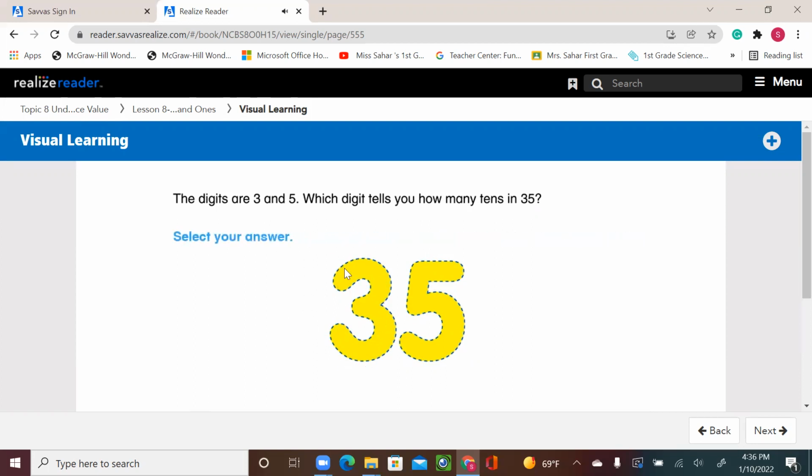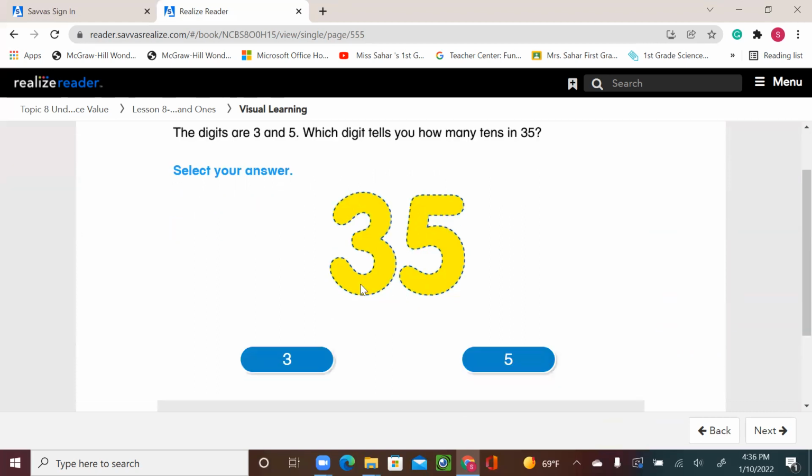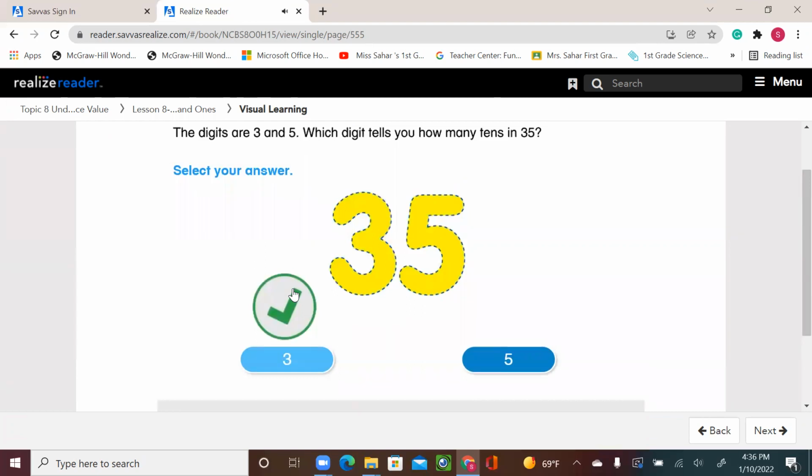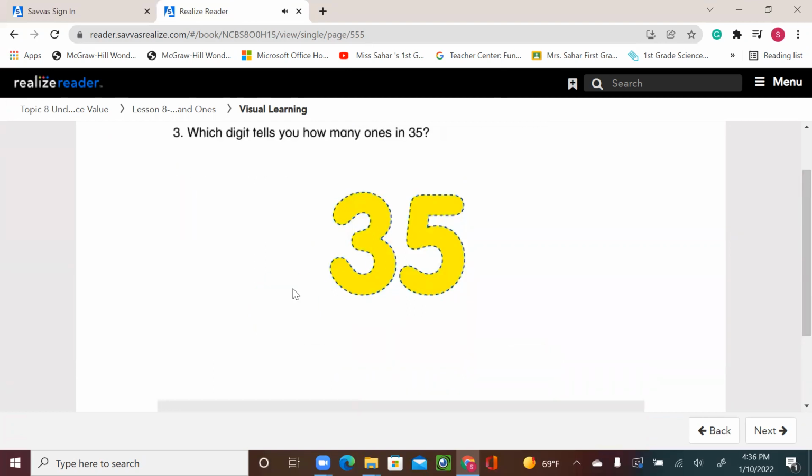So we say 35, 30 means 3 groups of tens. So that means the 3 in 35 stands for the tens. Which digit tells you how many ones in 35? 5.